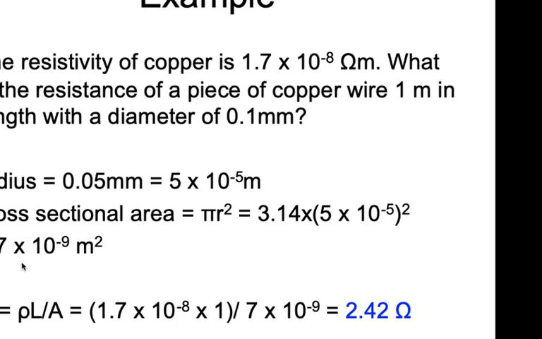Pi r squared gives us 7 times 10 to the negative 9 meters squared. Go ahead and use that full value in your calculation rather than the rounded value. We're going to have a couple more decimal places than one significant digit. And then our resistance will be our resistivity, 1.7 times 10 to the negative 8, times our length, which was 1, divided by our area, giving us 2.42 ohms of resistance.